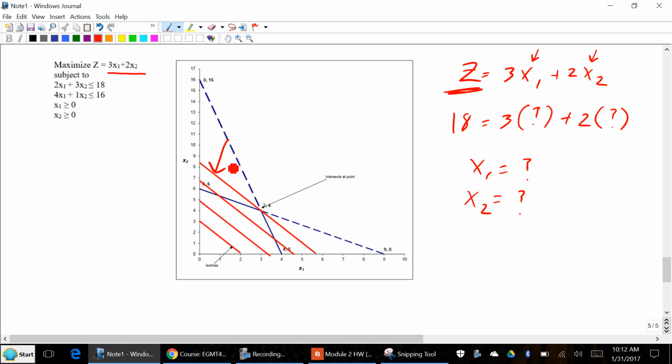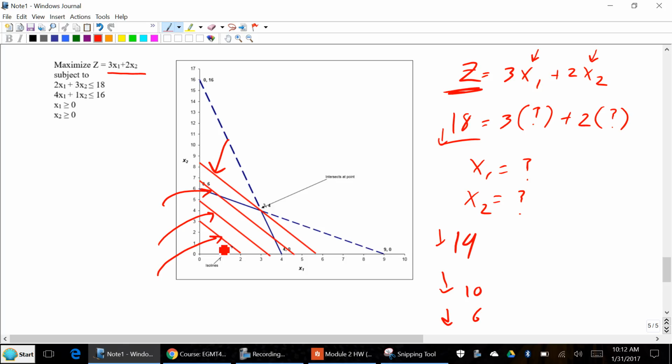All right? So let's suppose instead of 18, I say I want to make it 14. Well, guess what? By reducing this value from 18 down to 14, now I may be dealing with this line. If I go down to like 10, it may be this line. If I go down to, say, 6, it may be this line.